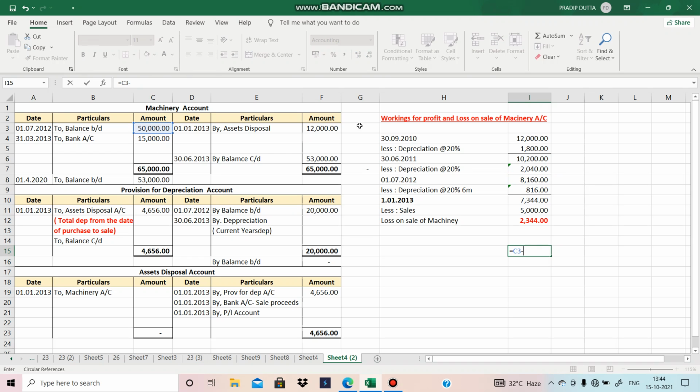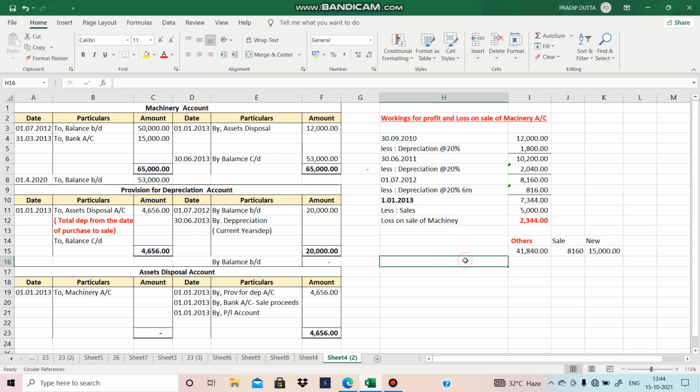From 50,000, the 8,160 machine is gone, so the rest of the machines are 41,840. The machine which is sold, whose written down value is 8,160, is treated separately, and the new machines' cost is 15,000. So how much is the depreciation?